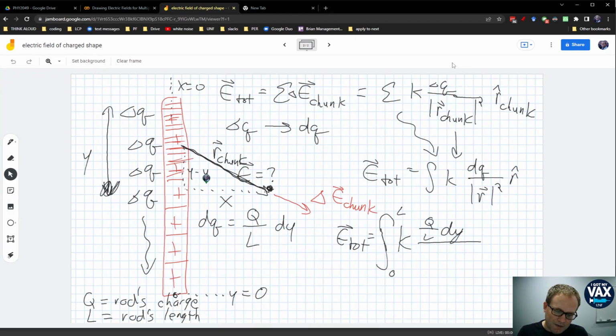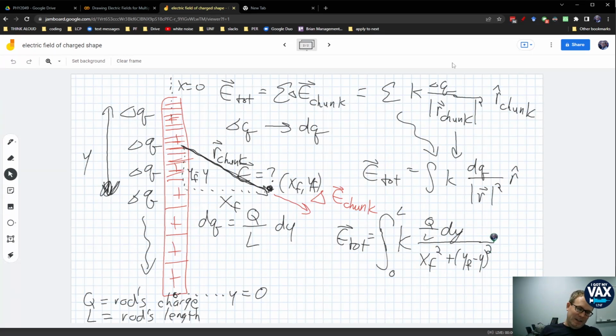I want to think about this as y for the field minus y. So let's call it xf and yf, for the x location of the field and the y location of the field. And so in that case, my distance is just the square root of xf squared plus (yf minus y) squared.